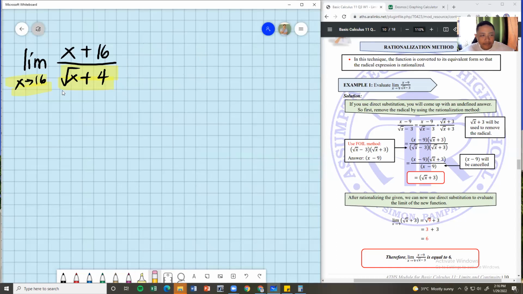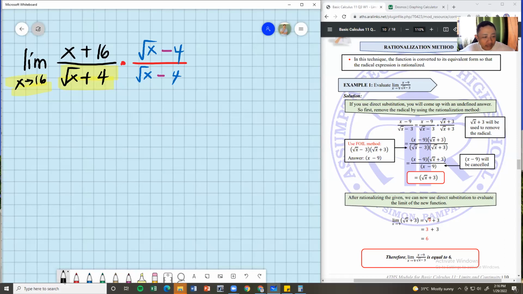Para dito ko na lang siya automatic multiply. Times conjugate. The conjugate is exactly the same as the given: square root of x plus 4. And then to get its conjugate, change the sign in the middle. From plus, it will become minus.